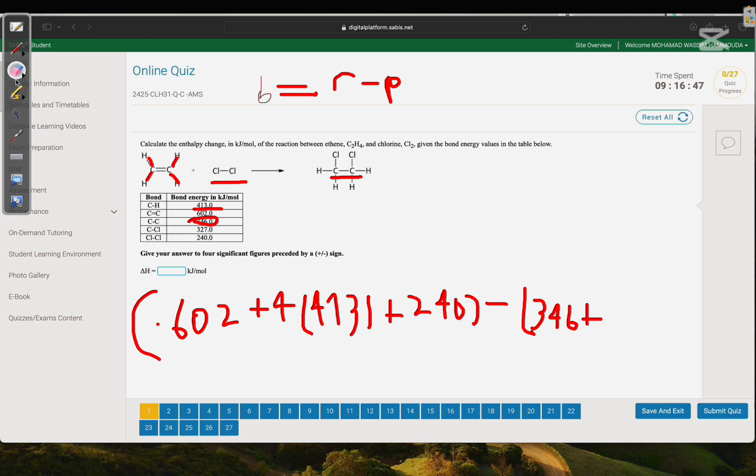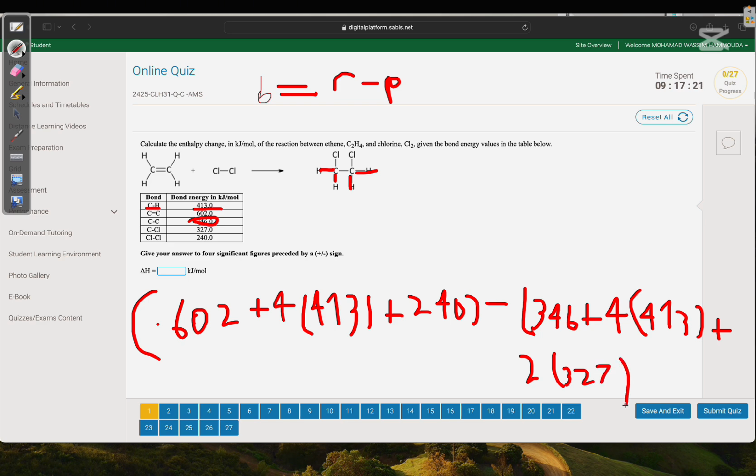How many CH's are there? 1, 2, 3, 4. 4 times 413 plus 2 C-Cl. So plus 2 times 327.